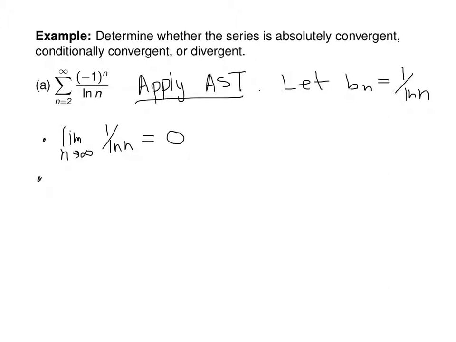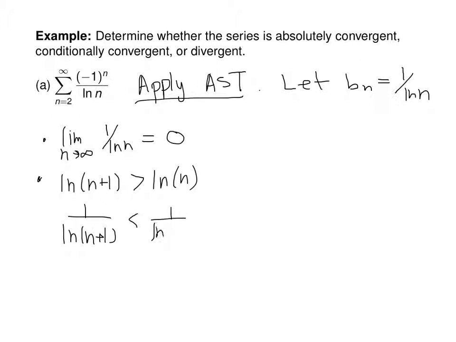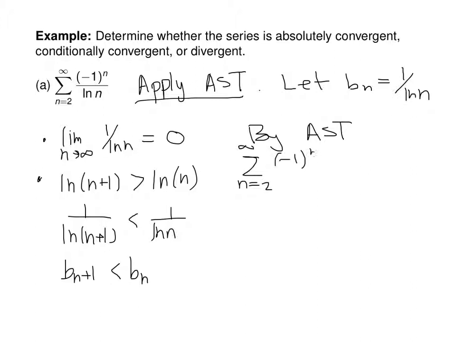And also, it is the case that ln of n plus 1 is bigger than ln of n. So 1 over ln of n plus 1 is less than 1 over ln of n, i.e. b sub n plus 1 is less than b sub n. So because those two conditions are met by the AST, this series converges.